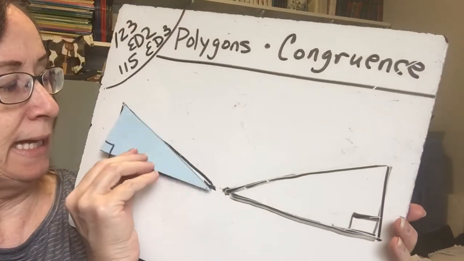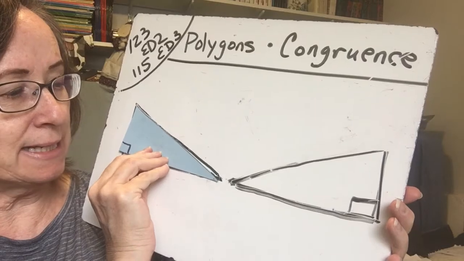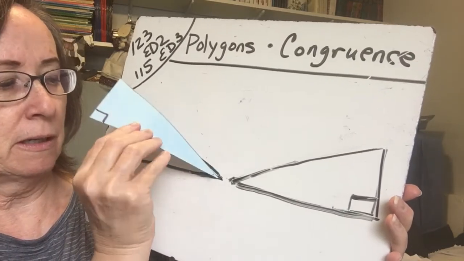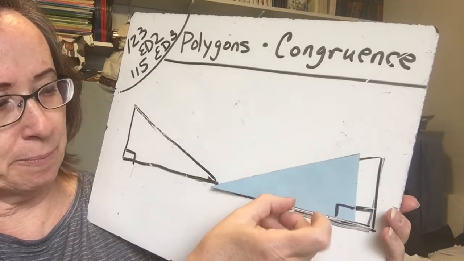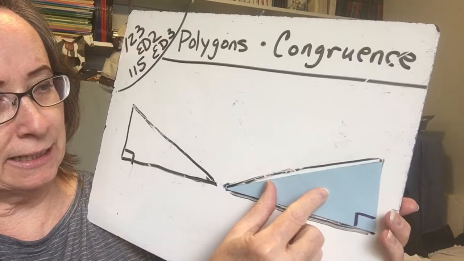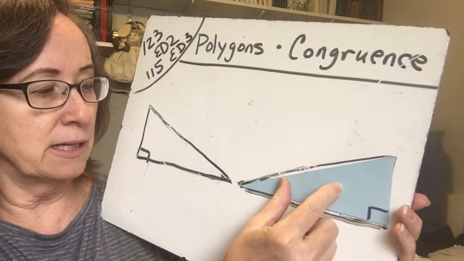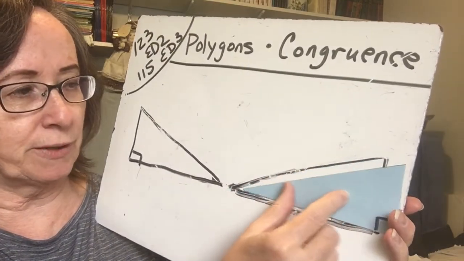So you can see that my triangle fits right here. And if I were just to flip it over like this, that's a flip, and then just slide it a little bit, then I would be on the other triangle. So this one is a move, which is a translation. We had to move it a little bit.